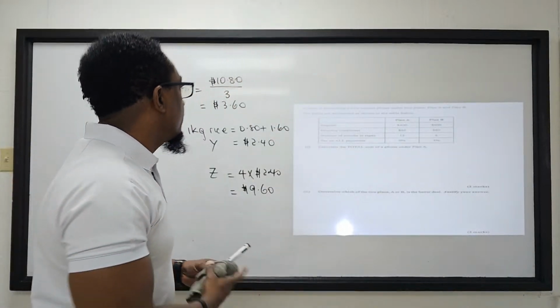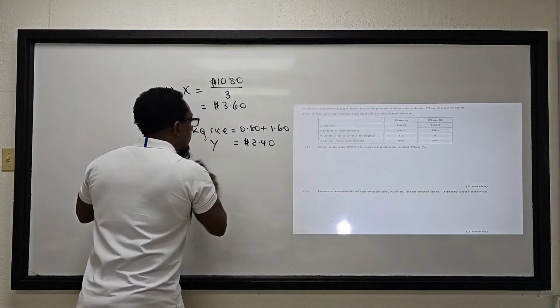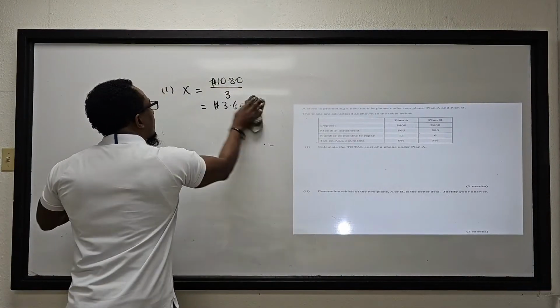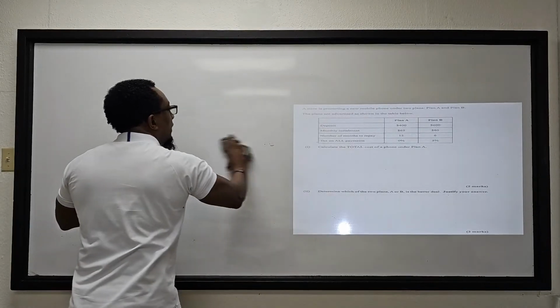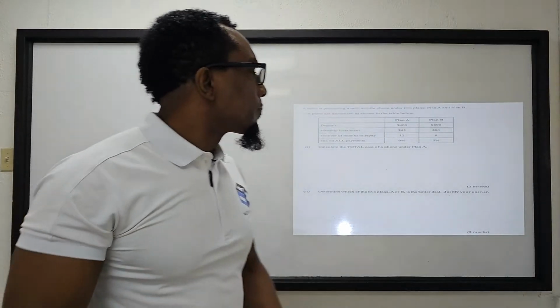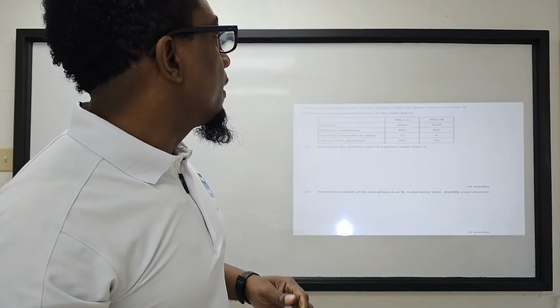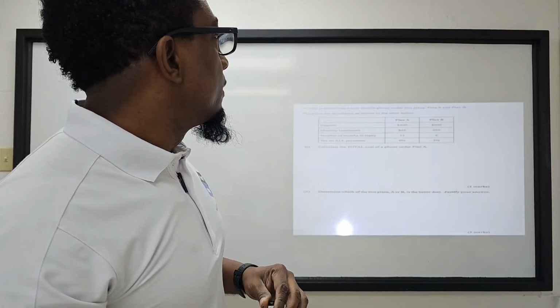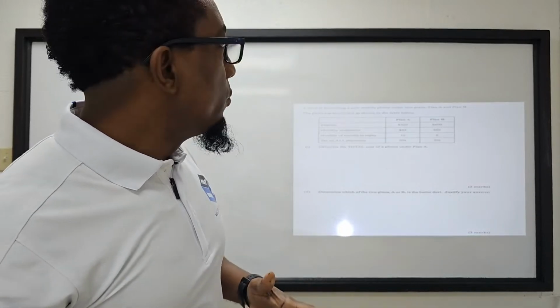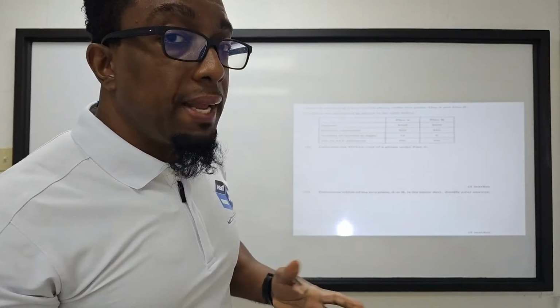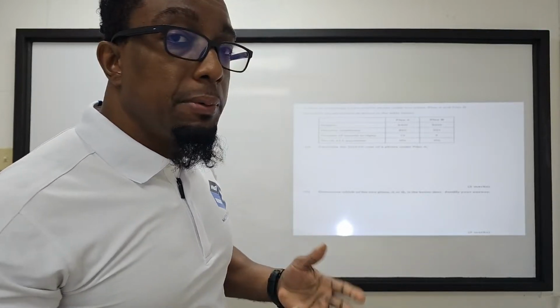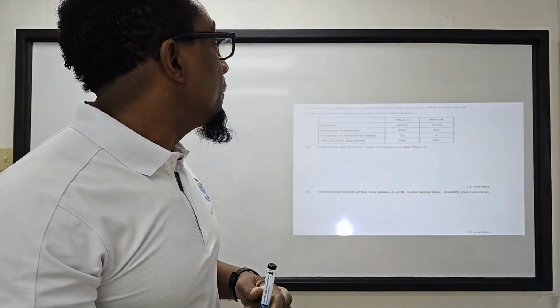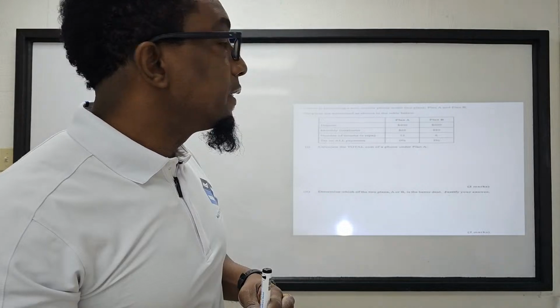So we're looking at here, we have two plans. A store is promoting a new mobile phone under two plans, plan A and plan B, and the plans are advertised as shown in the table below.